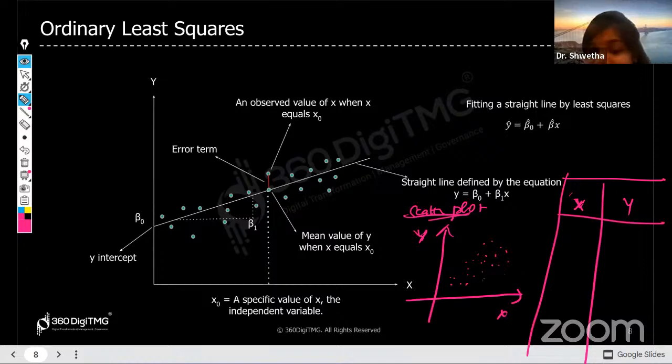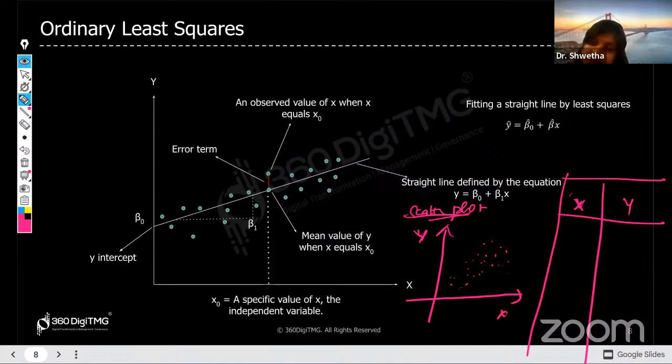It may not actually say the causal relationship, but we get a brief idea about how they are related. From the scatter plot, we can come to a conclusion whether there is a strong, weak, or moderate correlation, and even the direction, whether it is positively or negatively correlated.